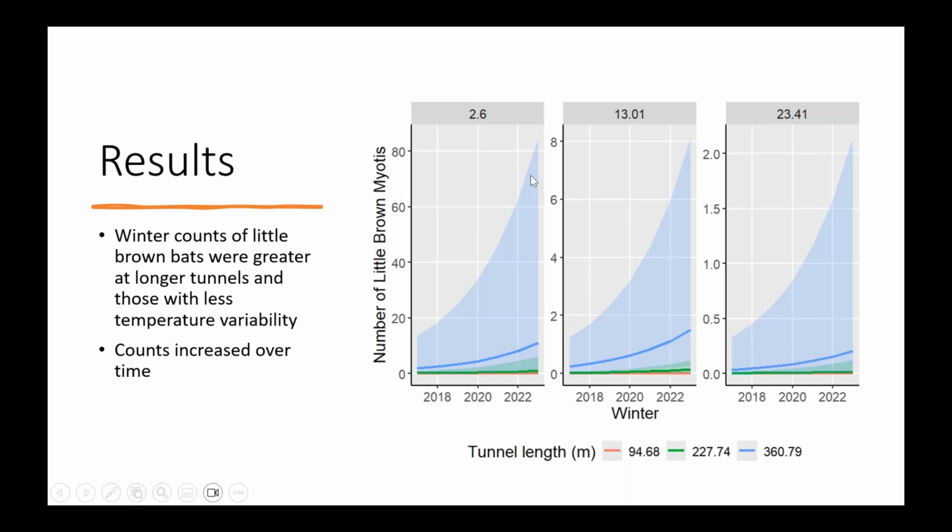And that's what you're seeing in this kind of complicated panel on the right. On the y-axis of each one of these 3 panels are the number of little brown bats counted at a site. The gray bars on the top of each facet are just quartiles of temperature range.